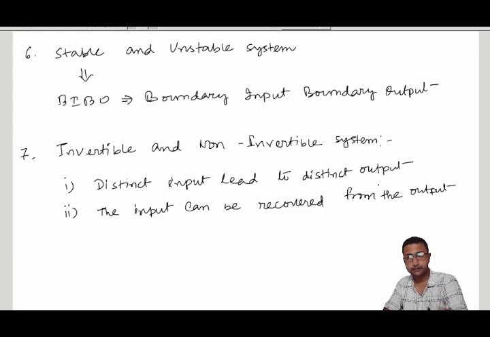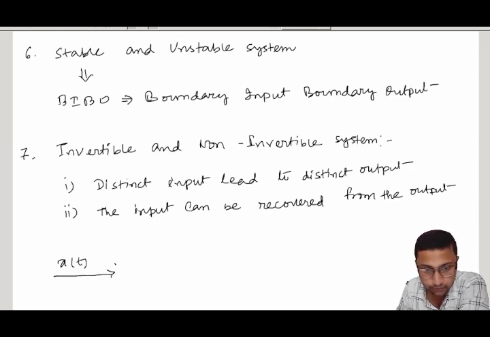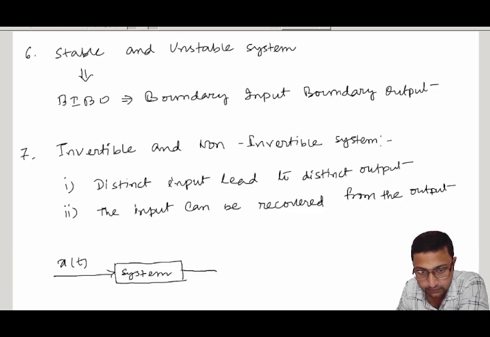Otherwise, if these two properties are not followed by a system, it is called a non-invertible system, right? So, if we draw a block diagram of an invertible system, suppose this is the input signal x(t), it will go to a system, because the system is an entity which can take the input and produce the output. This is the basic definition of a system. I have already told this.